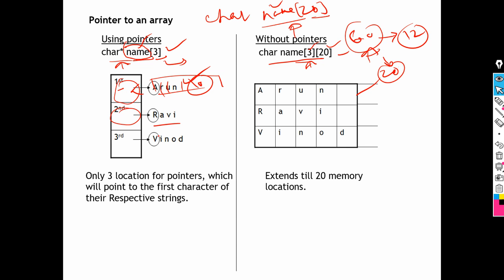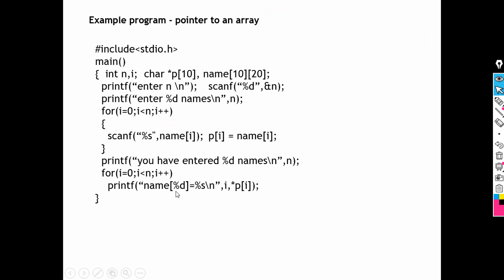Whereas using pointers, only 12 character memory is allocated for this variable, since it is a pointer to an array. So you are able to rescue 48 character space from being allocated to this variable, which can be utilized for something else. That way, effective utilization of memory can be done with the help of pointers when you're using a pointer to an array, right?